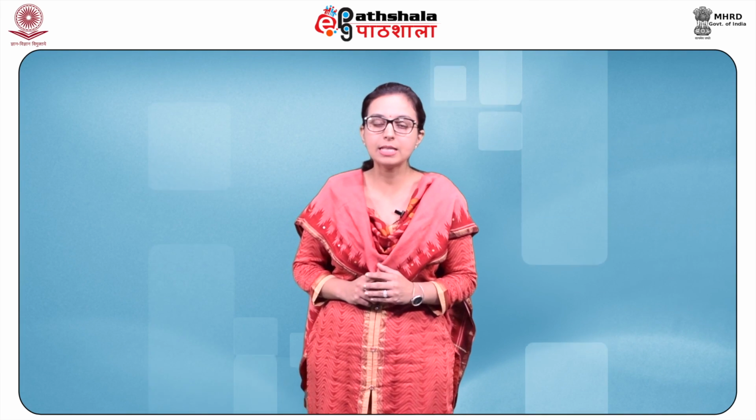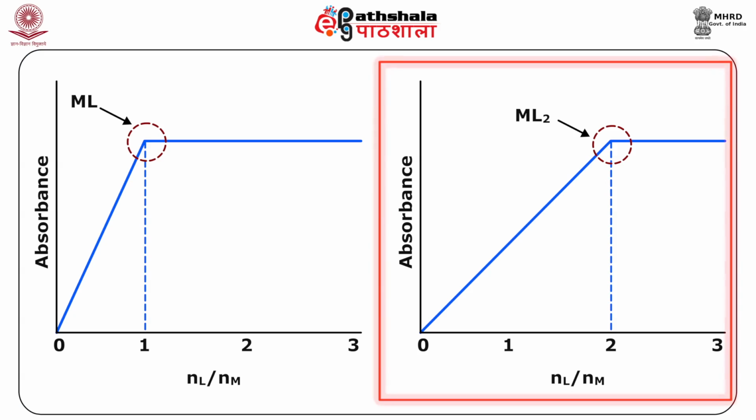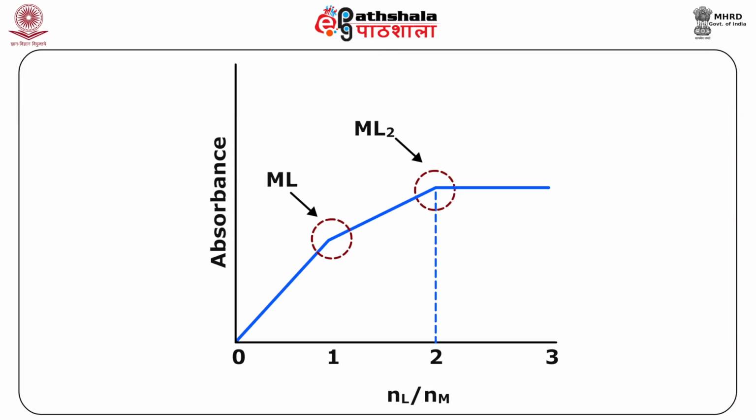Conversely, a mole ratio plot for a 2:1 metal-ligand, that is M2L type binuclear complex, is quite similar to the 1:2 ML2 type of complex, with the only difference in metal and ligand units. This can be clearly shown in figure 1b.